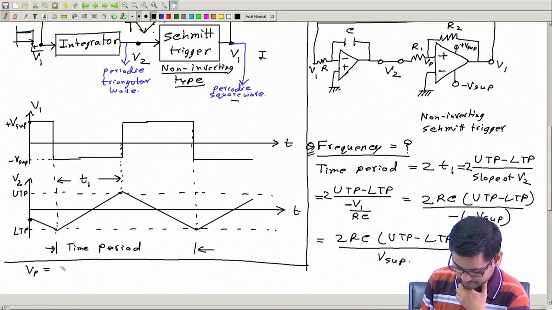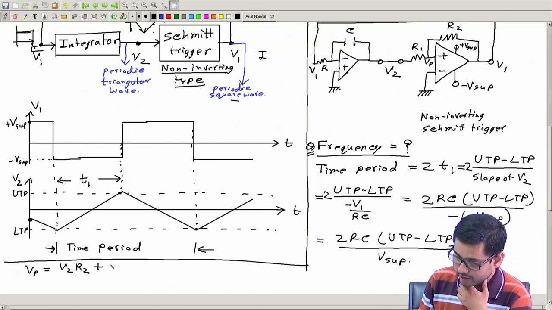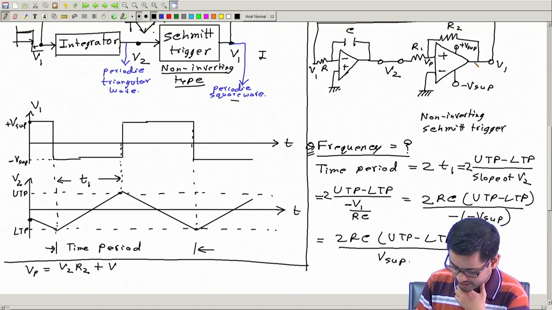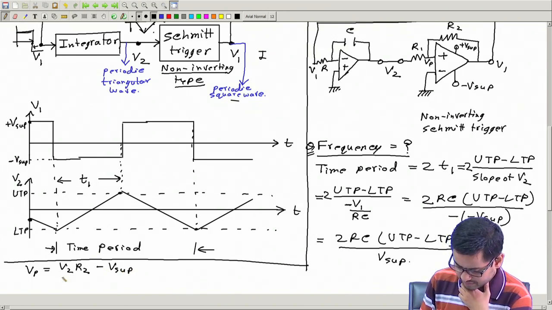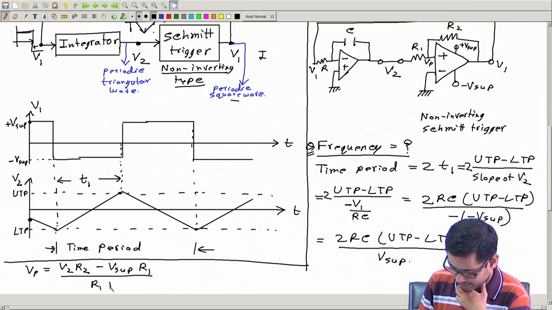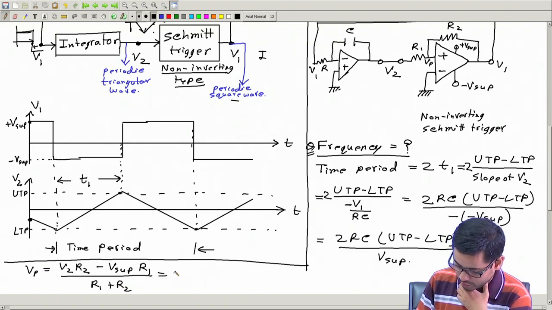It is V2 R2 plus VO, now VO at this moment we are assuming is equal to minus V supply, and this is multiplied by R1 divided by R1 plus R2. This should be equal to 0 for the output to change, and from this you can ignore the denominator. This will imply the required value.